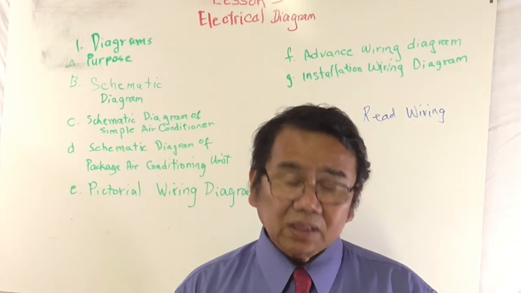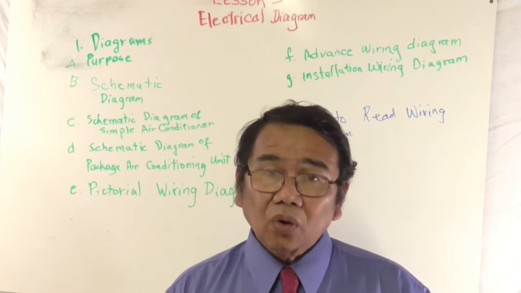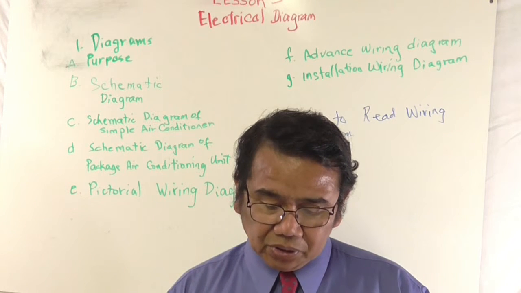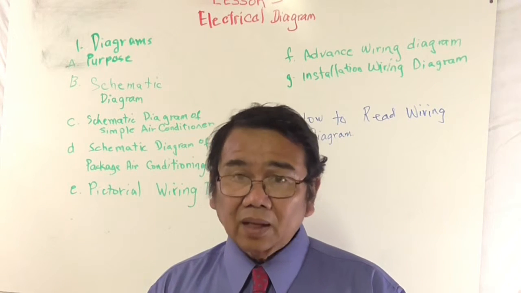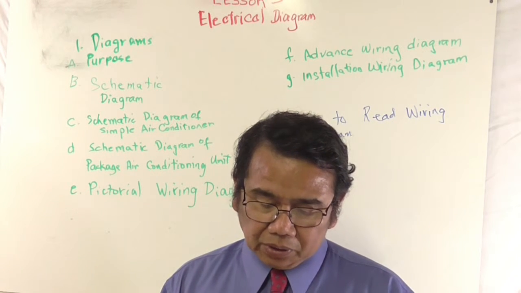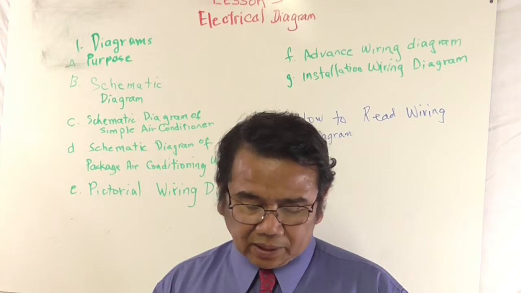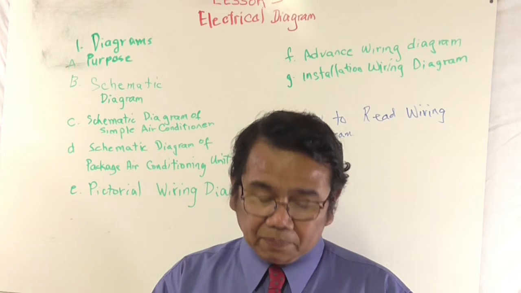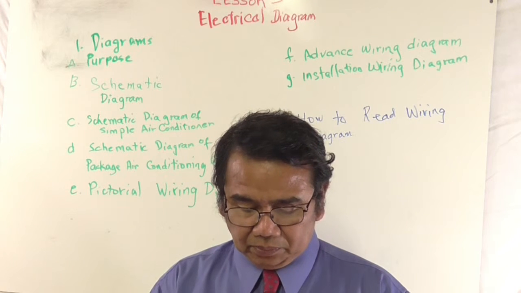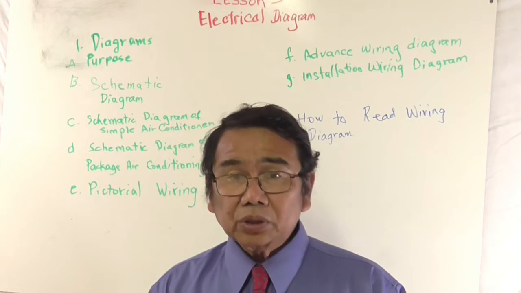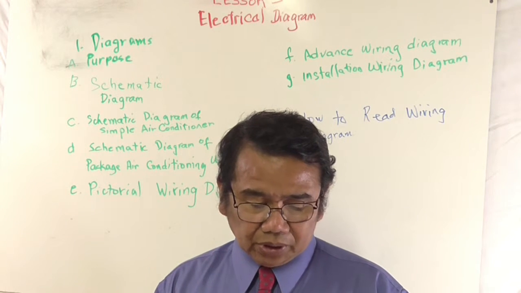The next one is the schematic diagram of a packaged air conditioning unit. Almost all residential air conditioning systems use a 24 volt circuit. A transformer is needed to reduce the line voltage in the primary to a low voltage supply in the secondary. The top portion of the diagram above the transformer is the line voltage system, and the bottom portion below the transformer is the low voltage control circuit.